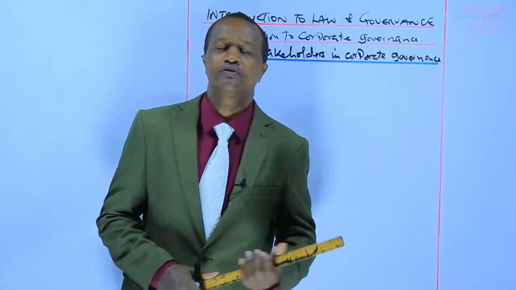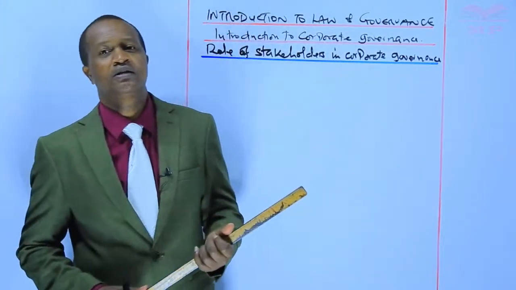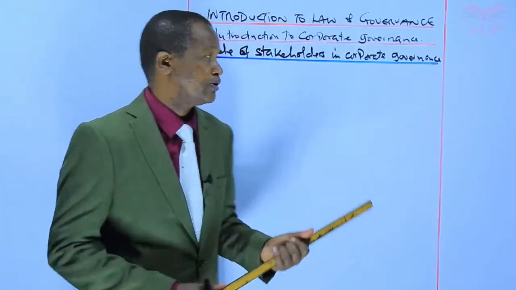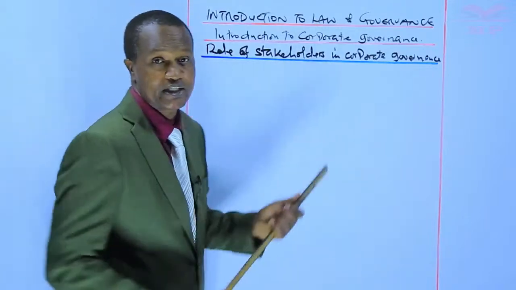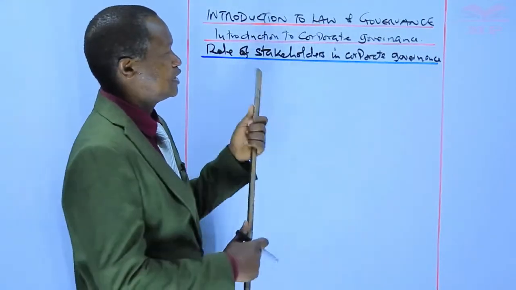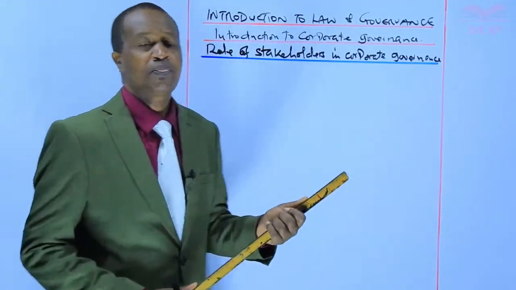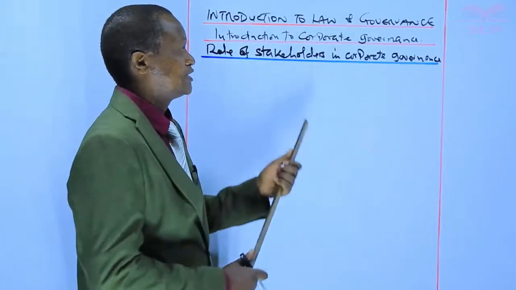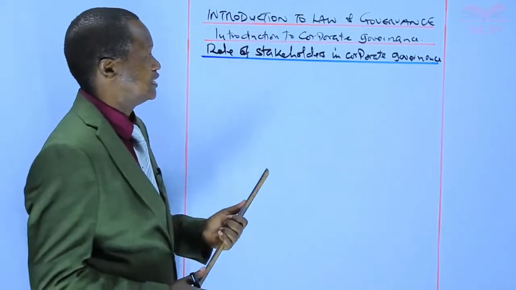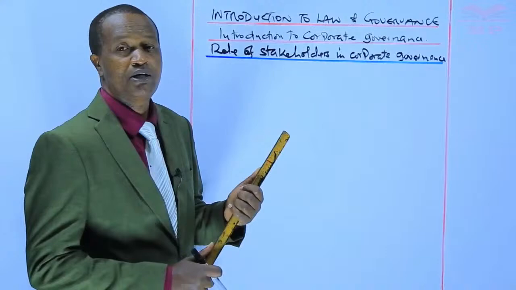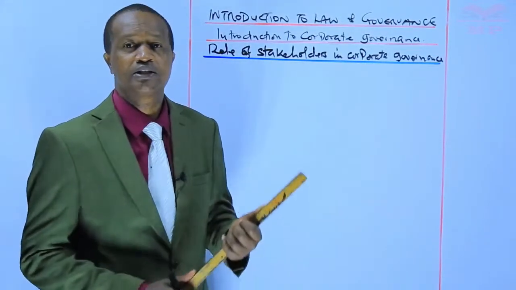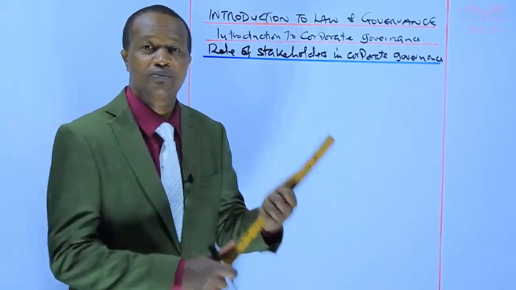organizations cannot achieve their intended objectives without involvement of various stakeholders. For a company to achieve its objectives, it requires the input of various stakeholders like the shareholders, the management, the employees, the suppliers, the customers, the government, and so on.